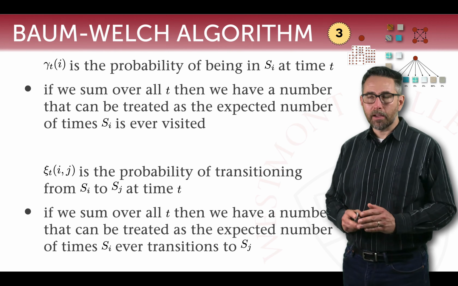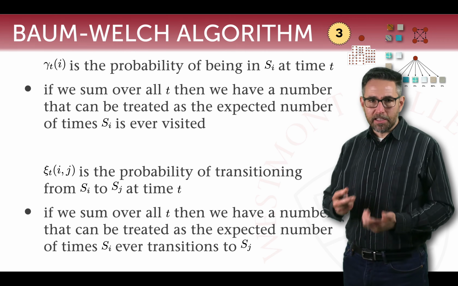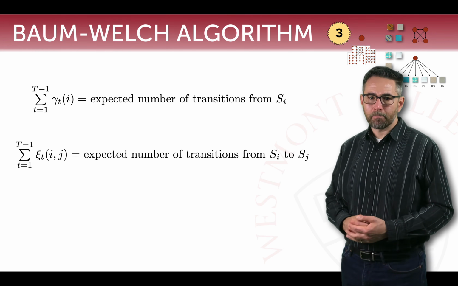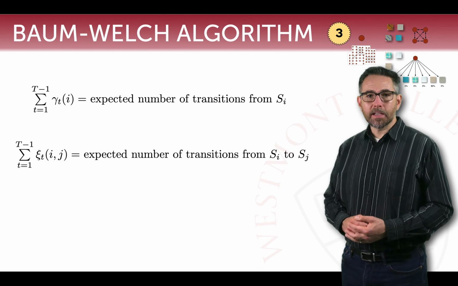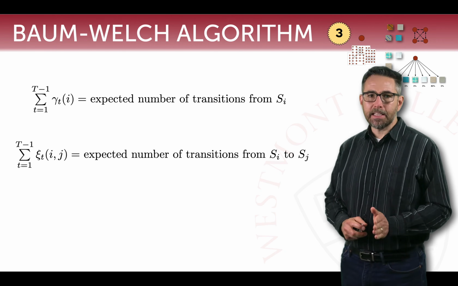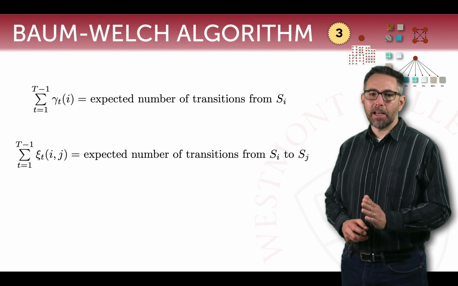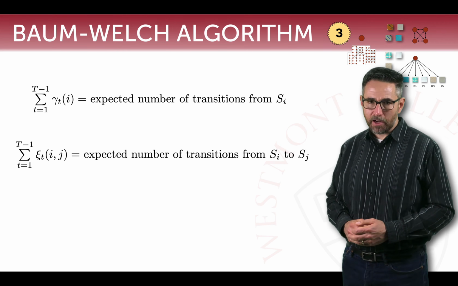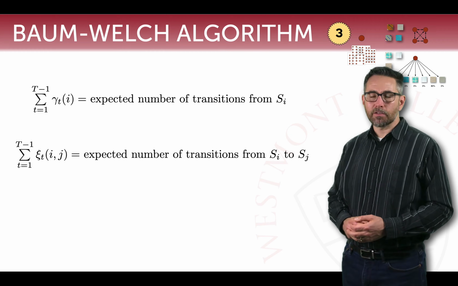So we're doing a sum over time so that we do not have to think about the difference between the different moments in time when we're going to be at particular states. To formalize that, if we sum over all times from lowercase t equals 1 all the way up to lowercase t equals capital T minus 1, so going almost the entire string of observations, then gamma t of i becomes the expected number of transitions from state i.